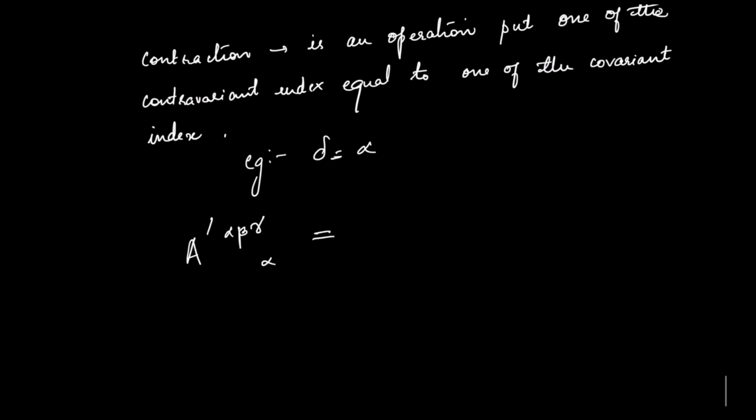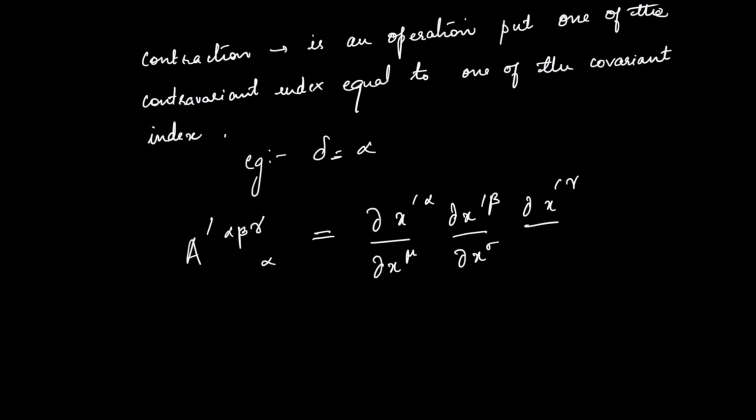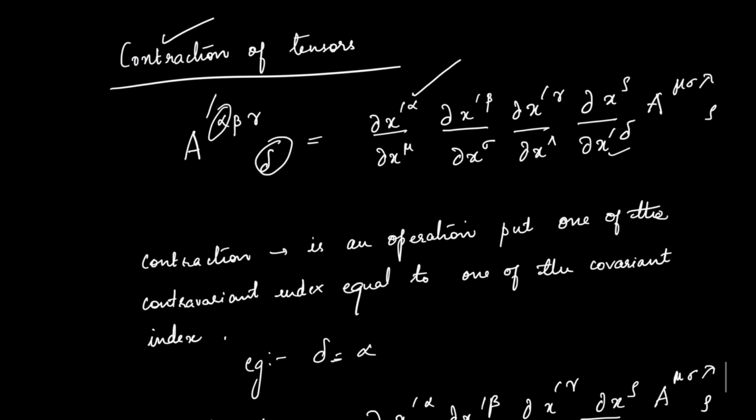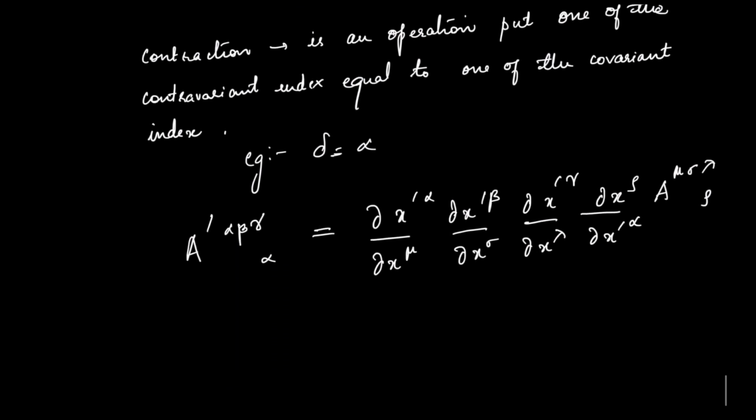So I can write partial derivative of x prime alpha with respect to x mu, x prime beta with respect to x sigma, x prime gamma with respect to x lambda, x rho with respect to x prime alpha, A mu sigma lambda rho. See, all the other things are as they are. Instead of delta, I just substituted alpha.